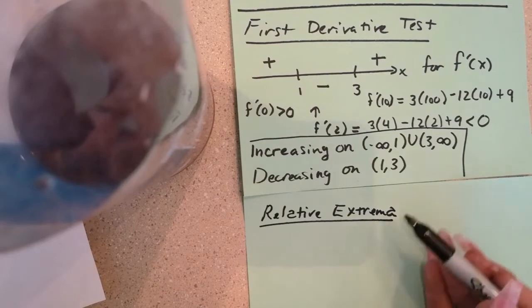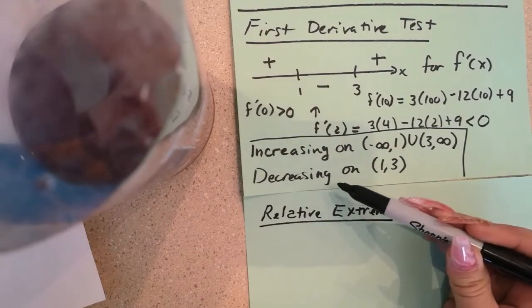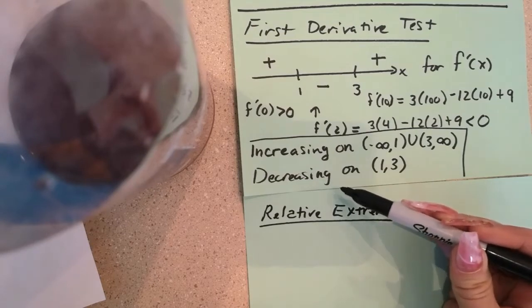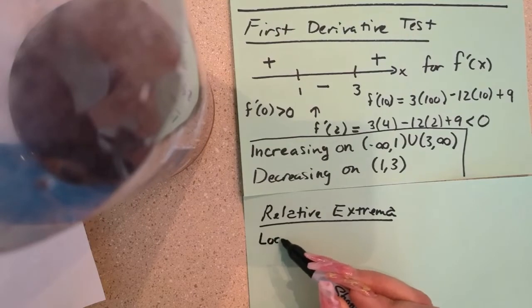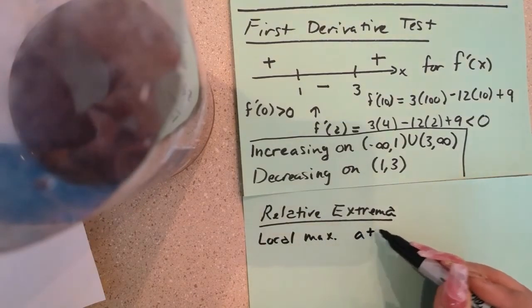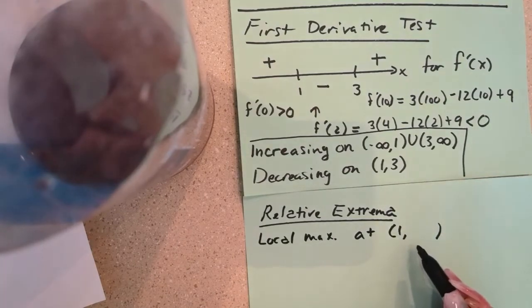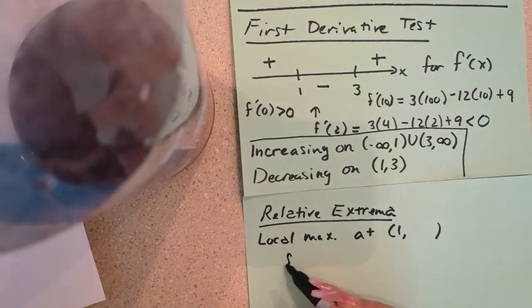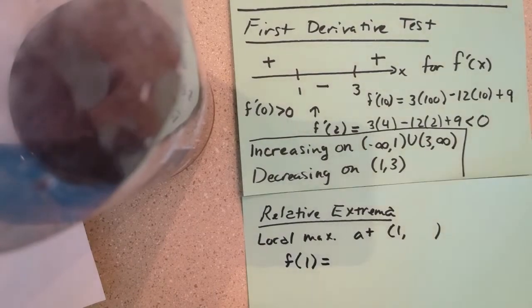So let me see here. The function is increasing until it gets to 1. Then it starts decreasing. So I would have a local max at 1. I'd have to figure out the corresponding y coordinate. So for that, remember, I actually have to look back at the original function and say, what is f of 1?